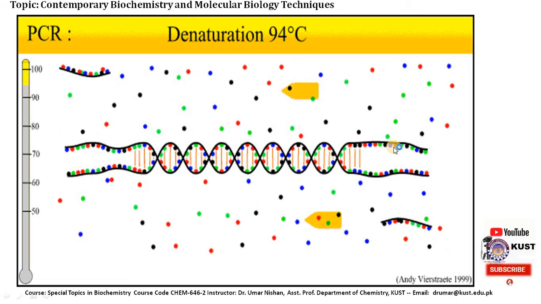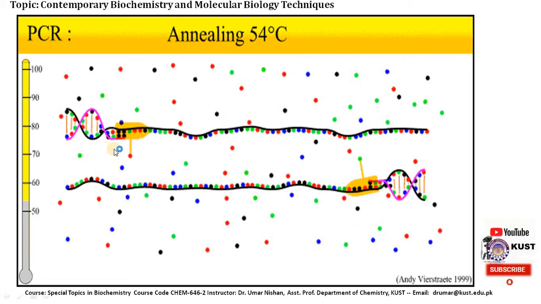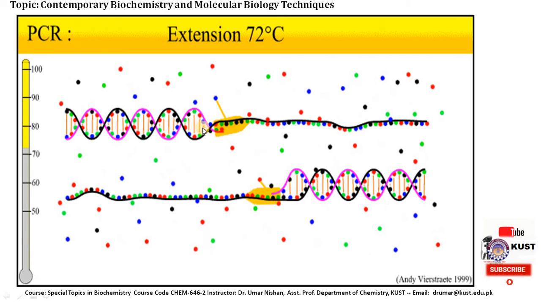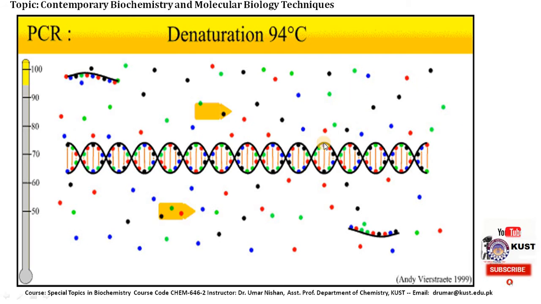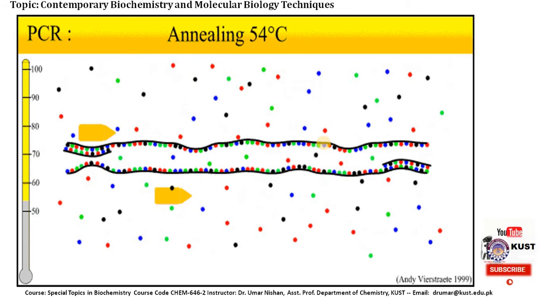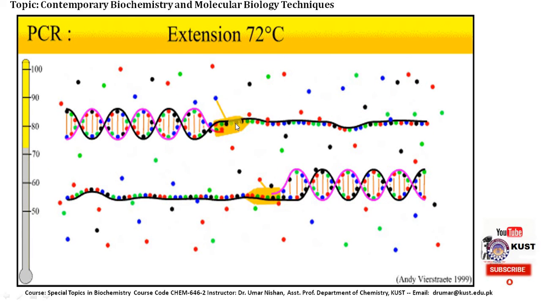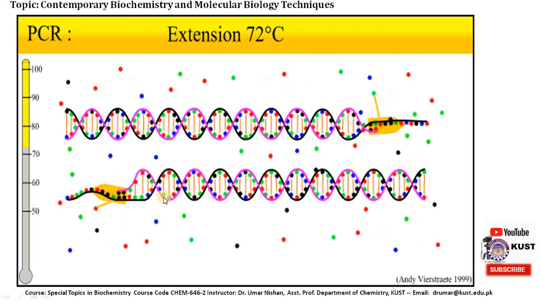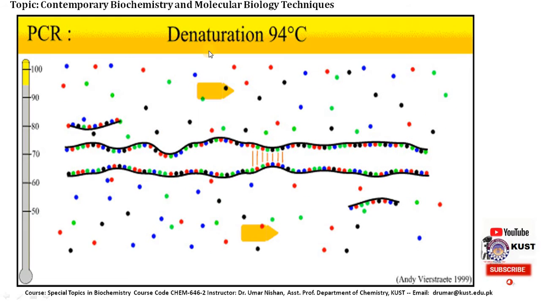Again you see denaturation of the DNA, again annealing, again extension through the DNA polymerase by the yellow. It happens in both the strands through reverse and forward primers. And you can see different molecules of the polymerase function through this procedure.